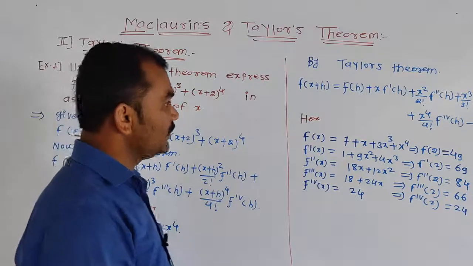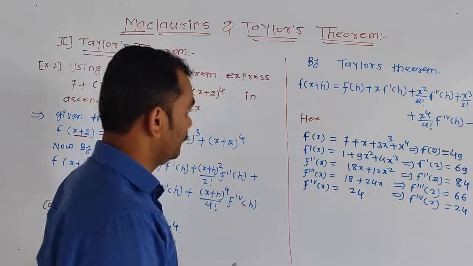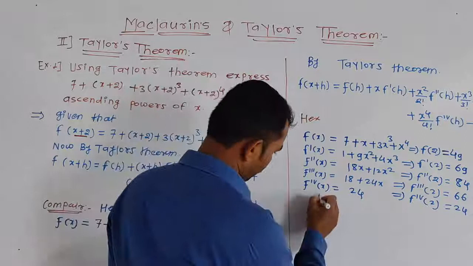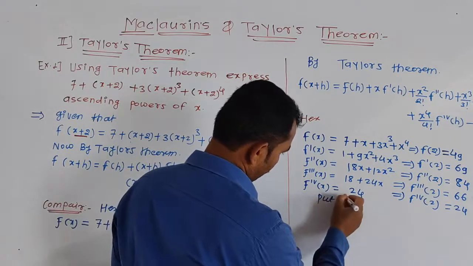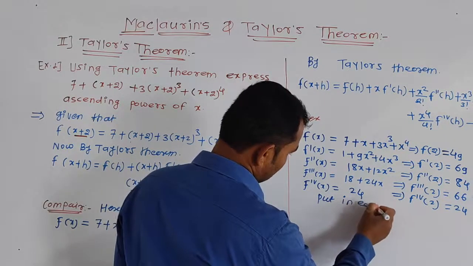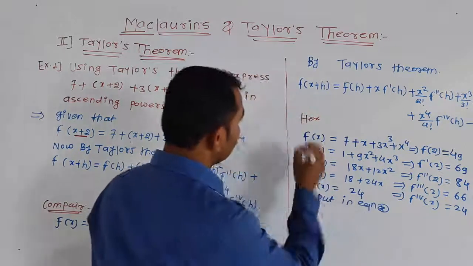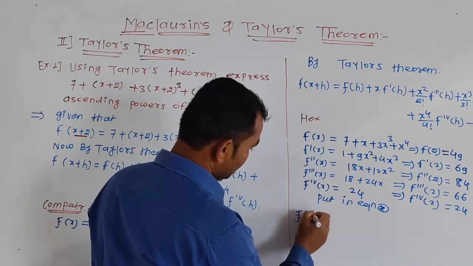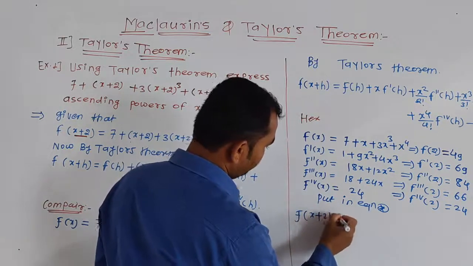Now put all these values in equation star. Equation star becomes, we get f of x plus h, where h is 2.